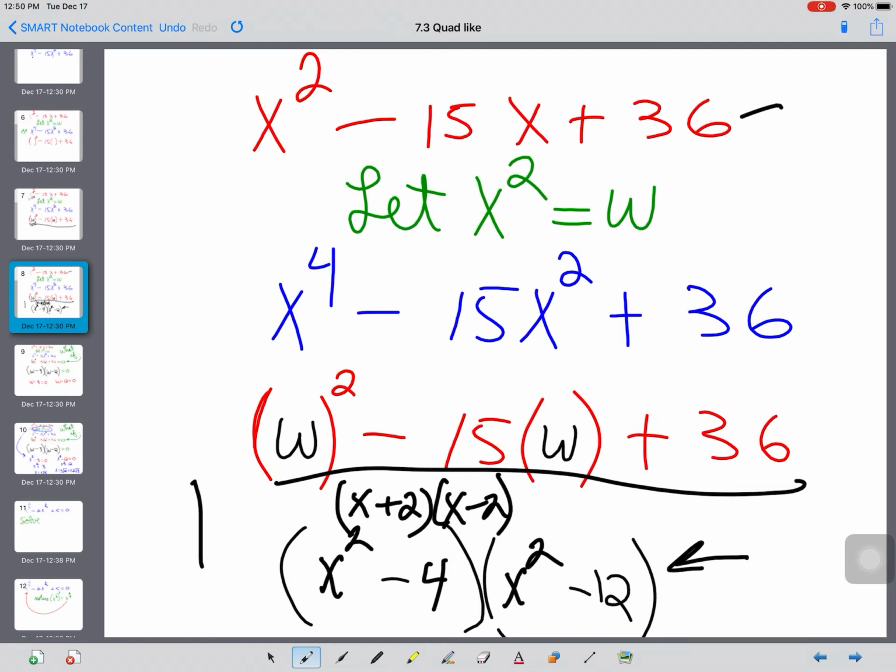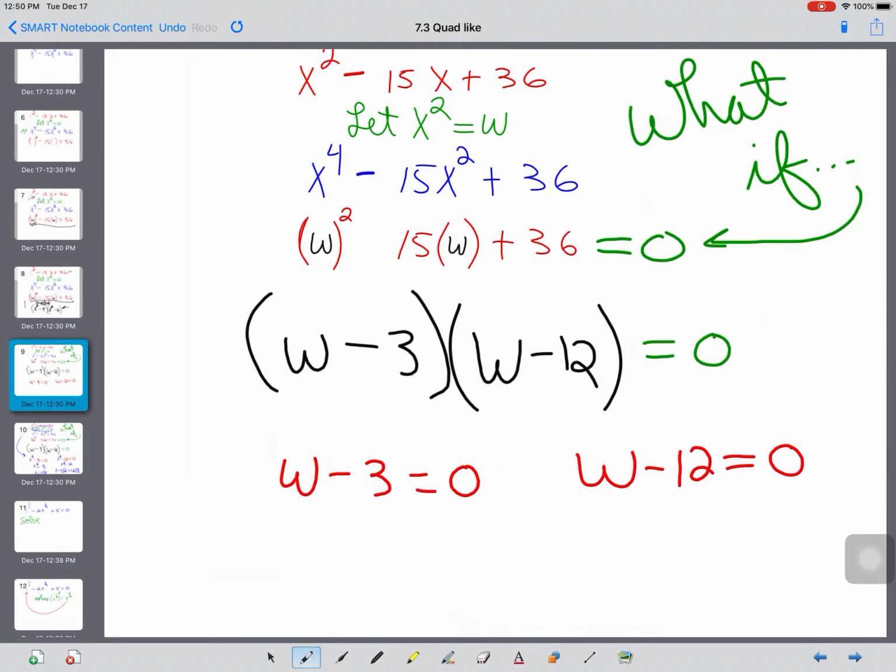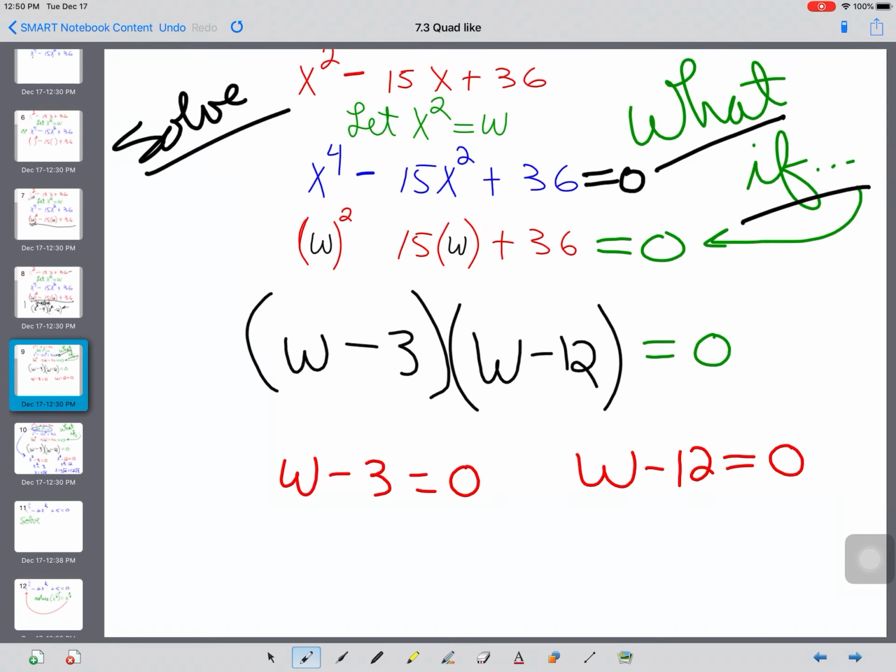But let me do a variation on the theme. What if at the very beginning this had been equal to 0? Now the question would be to solve as opposed to just factor. But you've got to get to solving by way of factoring. So I get to the same place. I do this substitution.